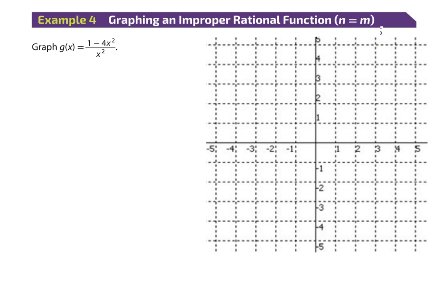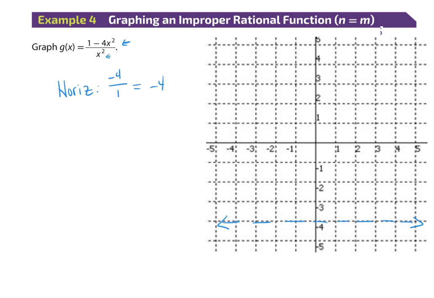When they're the same, I'm just going to use the coefficients. My coefficient up here is -4. It's always in front of my highest x value, right? My coefficient on the bottom is +1. So I'm going to have a horizontal at -4. I'm going to have this horizontal asymptote right here at -4.